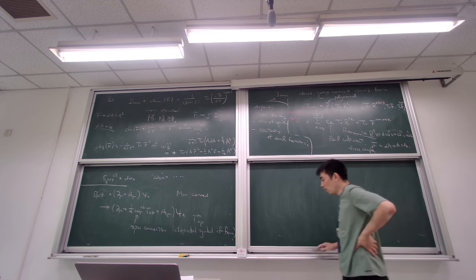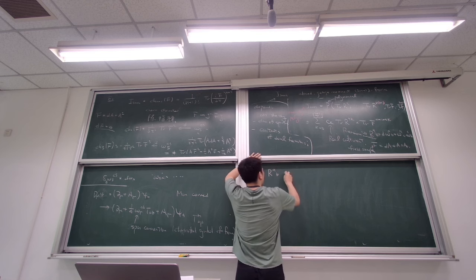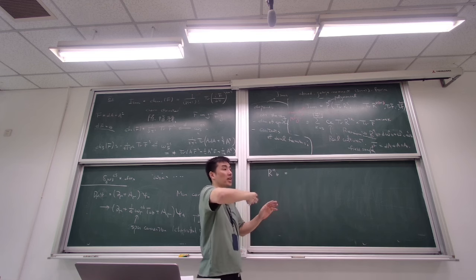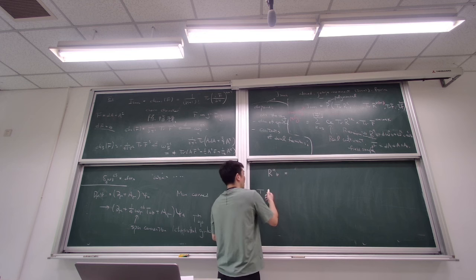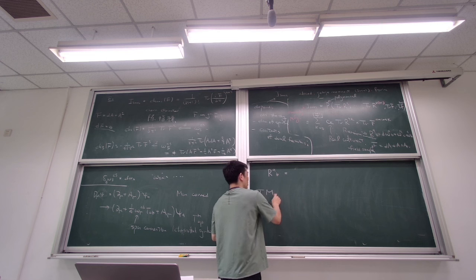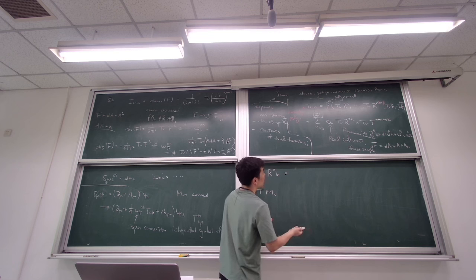This curvature form R^{AB} indeed is the curvature of the connection of the space-time, T n plus 2, or whatever. It should be n plus 2, yes.